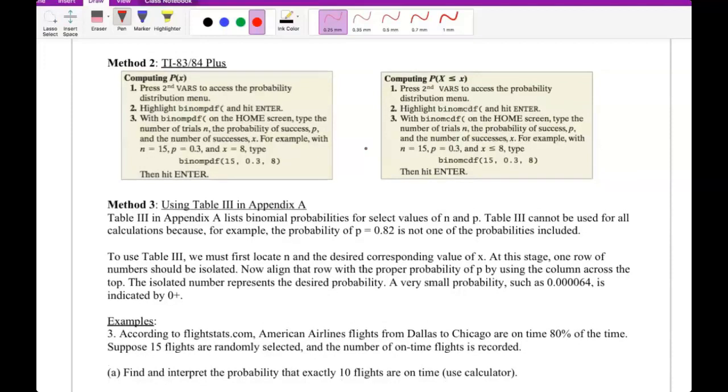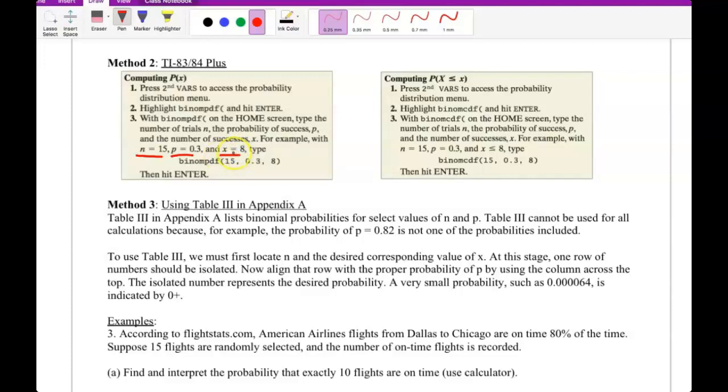Okay, so method number 2 is using TI-83 or 84 Plus. So first step, you need to press second, then VARS. On this part we have the number of trials as 15, probability of success as 30% or 0.3, and x is equal to 8.